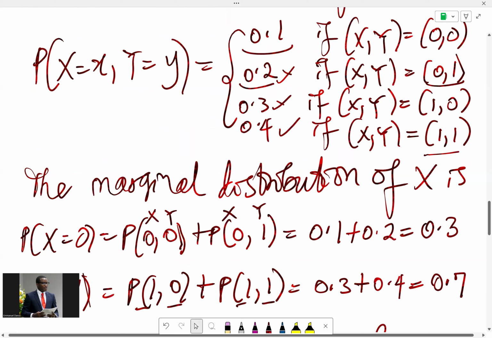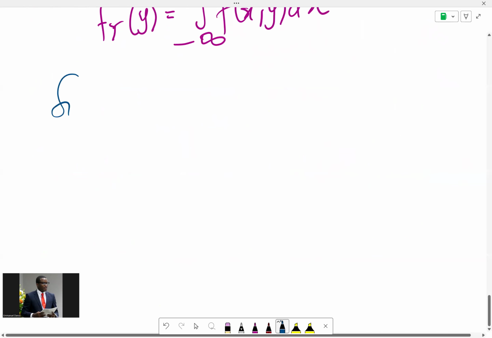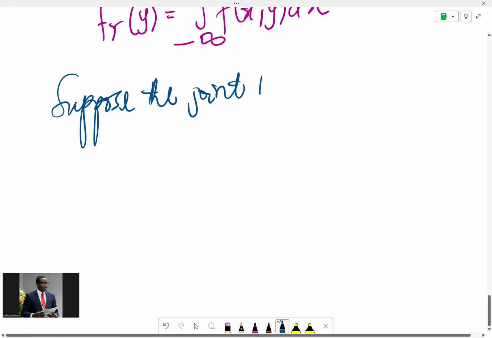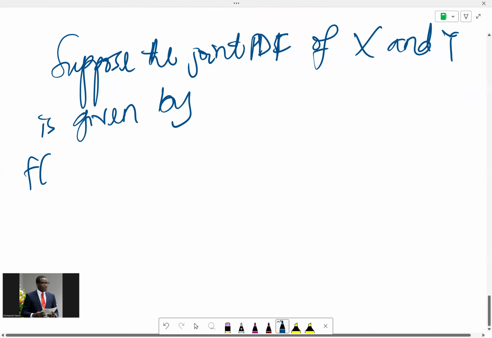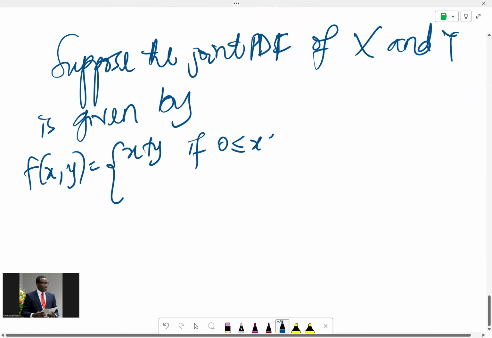So suppose the joint PDF of x and y is given by f of x comma y equals x plus y if 0 is less than or equal to x is less than or equal to 1, and 0 is less than or equal to y is less than or equal to 1, and it's 0 otherwise.